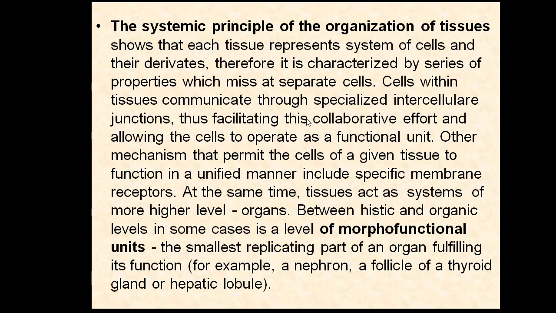These post-cellular structures are highly specialized to perform special function. For example, erythrocytes have no nucleus, no organelles, but have hemoglobin. It is a special protein which can bind oxygen and carbon dioxide, and it is the main function of these post-cellular structures.